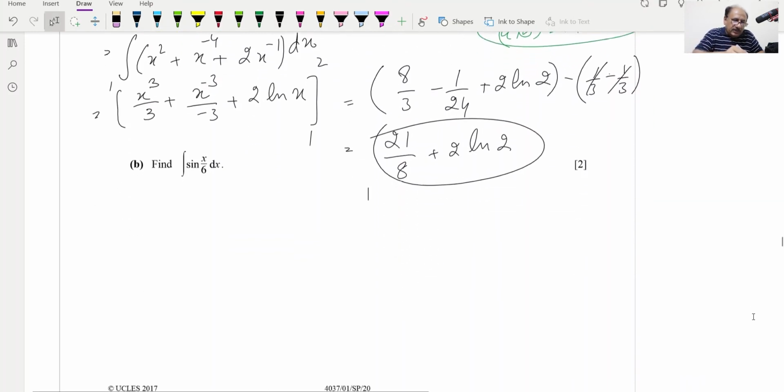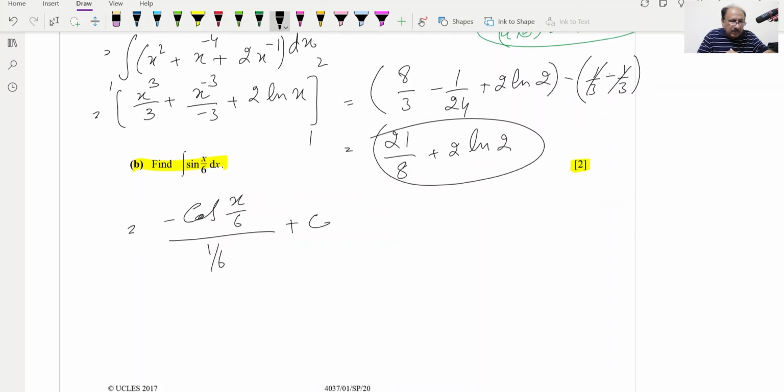And for part B, they are saying find the integral of this, and this is a 2 marks question, so we can integrate. The integral of sine x is minus cos x, so cos x by 6, divided by the derivative of this, which is 1 over 6, so we divide by 1 over 6, and plus the constant c, because this is not a definite integral.